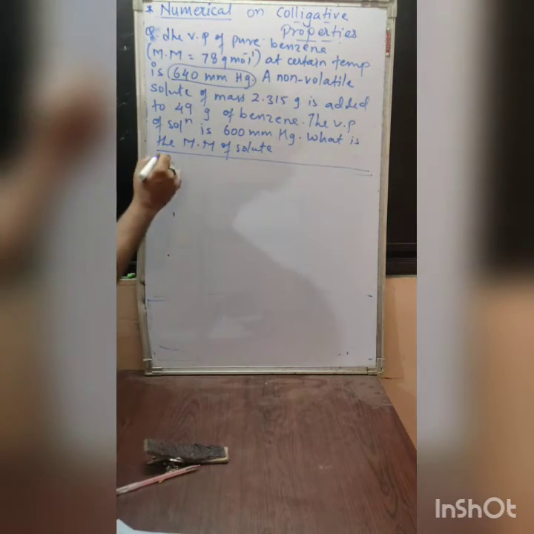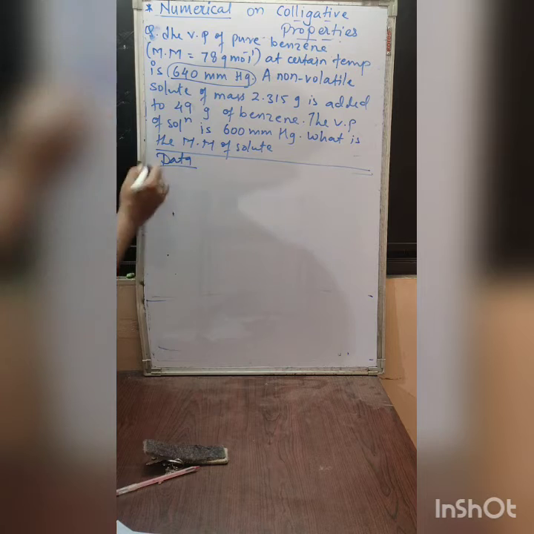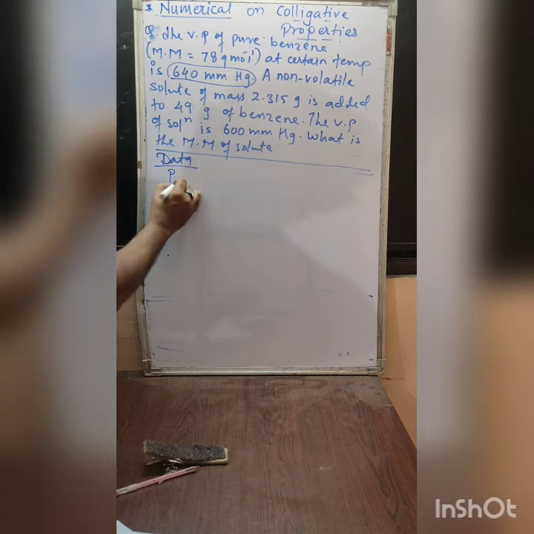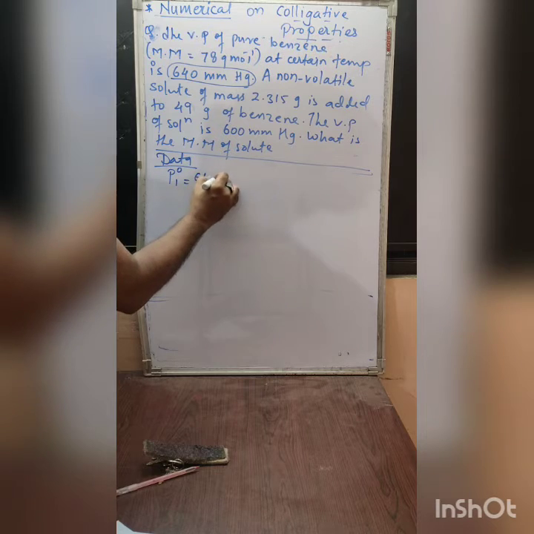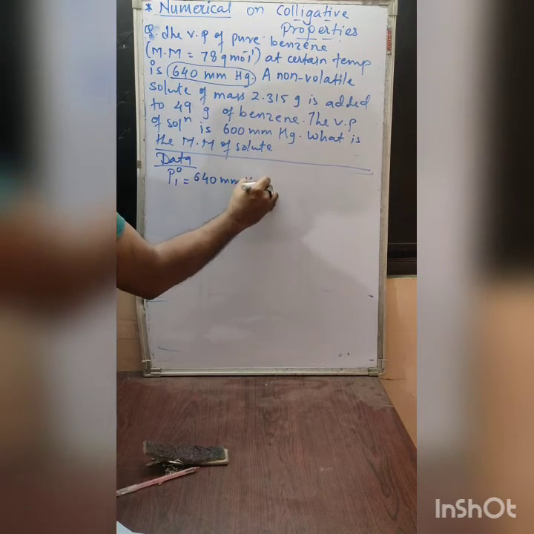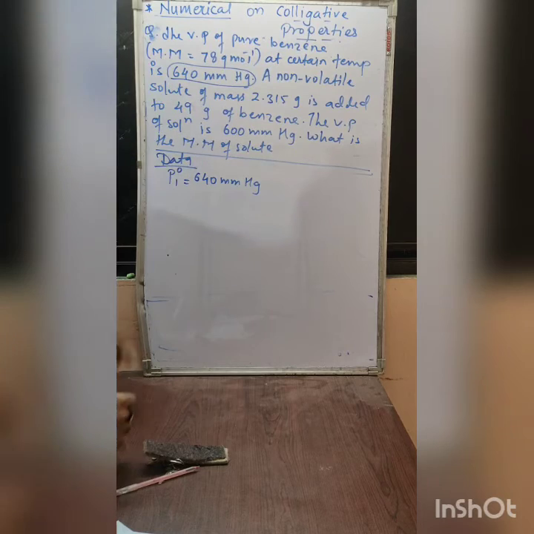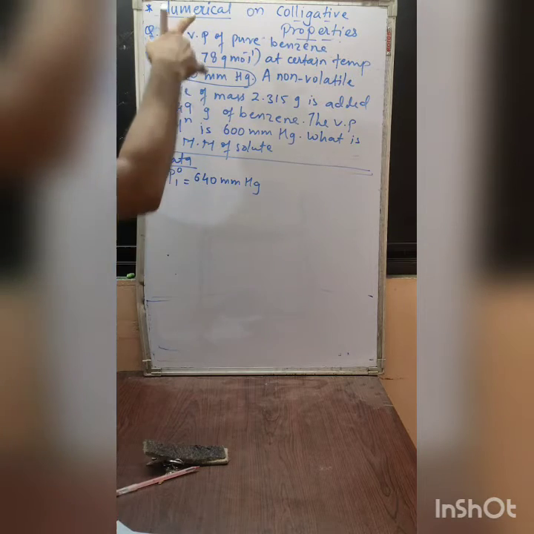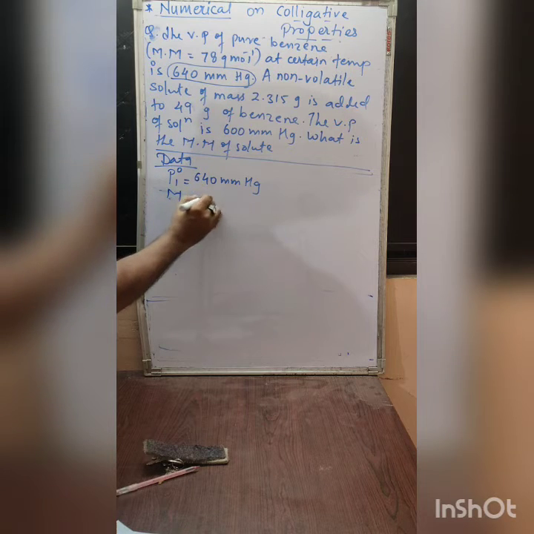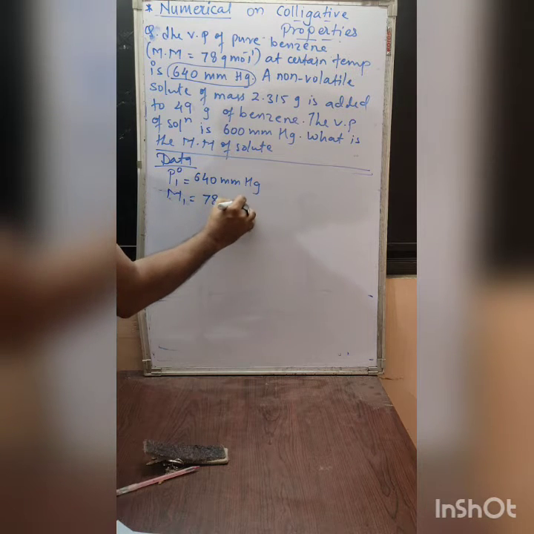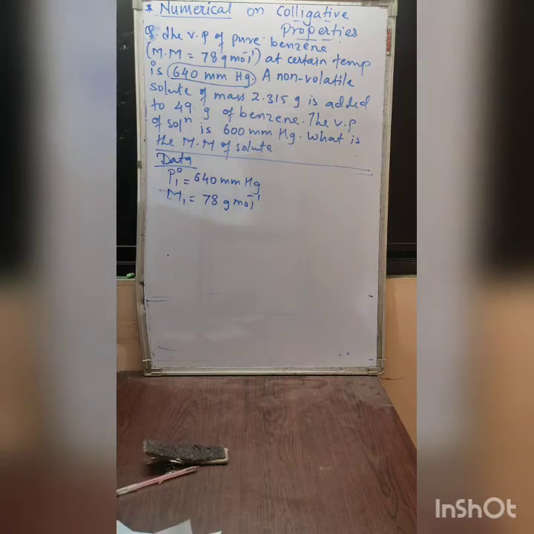We write the data: P1⁰ is given, which is 640 mmHg, and the molar mass of the solvent, M1, is also given, 78 gram per mole.